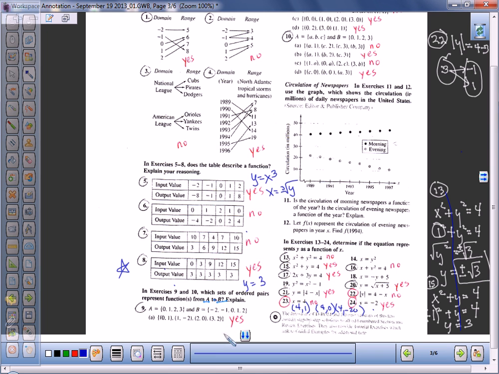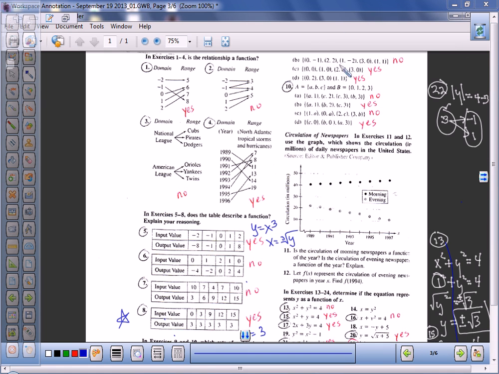But if I paired them up this way, is it a function? No. That's what it means. Any other questions? Fabulous. Let's move on to today.